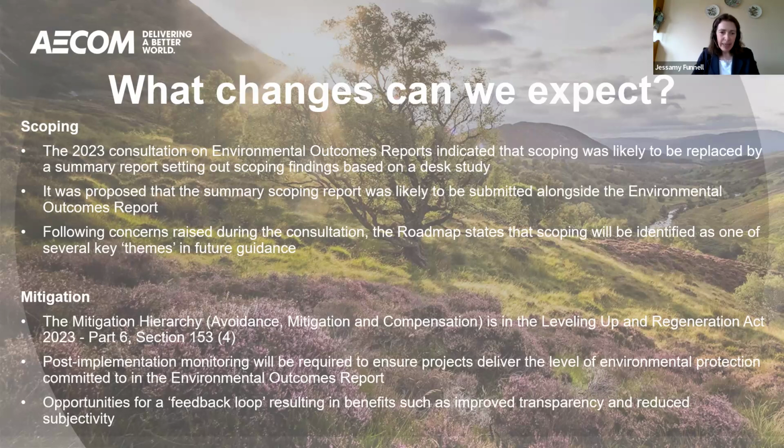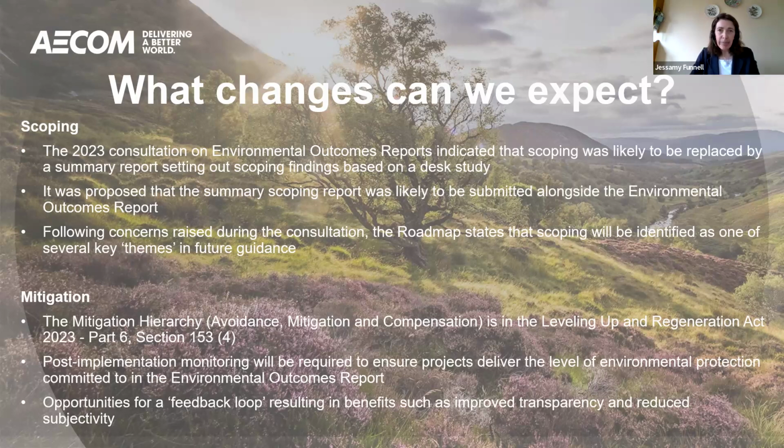Which brings me on to my second point, mitigation. The mitigation hierarchy, which many of you will be aware of, i.e. avoidance of impacts as a priority, mitigation if avoidance isn't possible, and finding compensation as a last resort. So this mitigation hierarchy is in the Levelling Up and Regeneration Act.